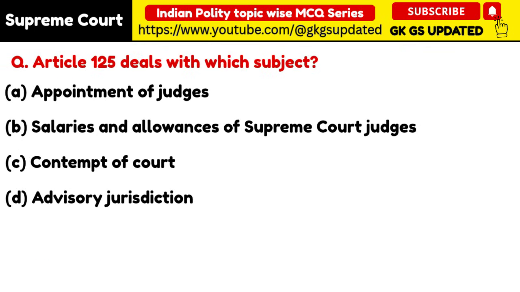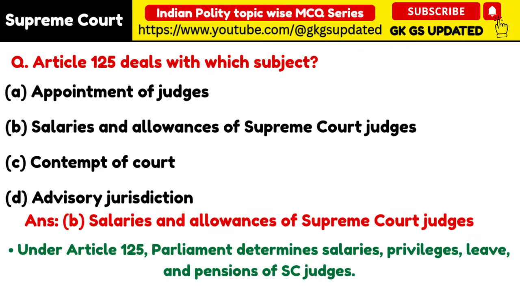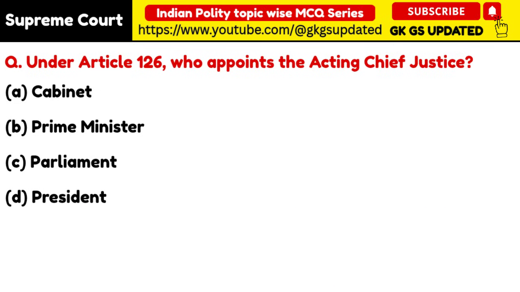Next question. Article 125 deals with which subject? Correct answer, salaries and allowances of Supreme Court judges. Under Article 125, Parliament determines salary, privileges, leave and pensions of Supreme Court judges.